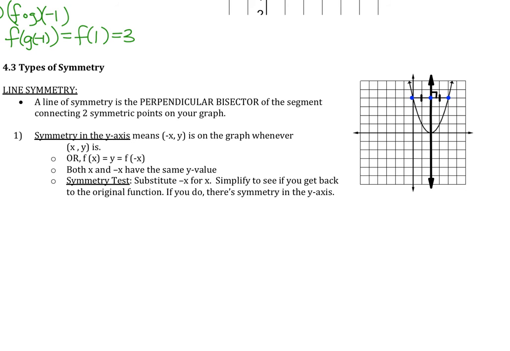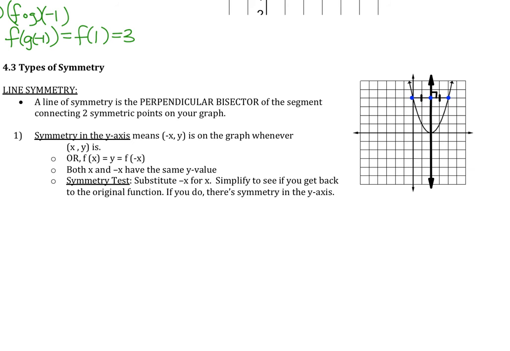So what we would do to test for this is take negative x, plug it in for x into our function and simplify. If we simplify and get back the same exact equation that we started with, then it would have symmetry in the y-axis.